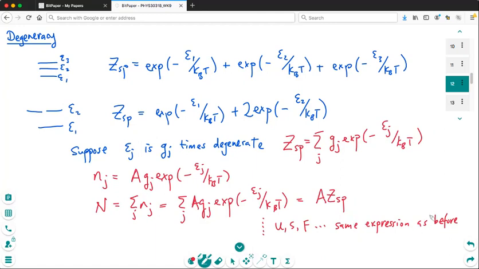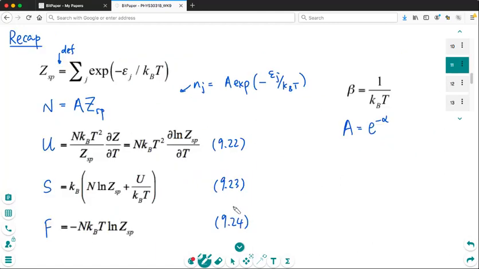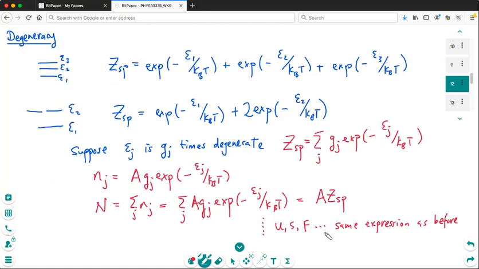So same expression as before. Let me give you the numbers: these are 9.22 to 9.24. It's just simply the way to count. We count the degenerate states g times, and the result will be the same.